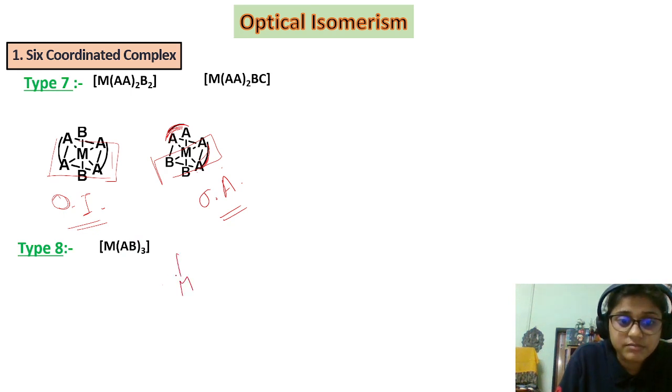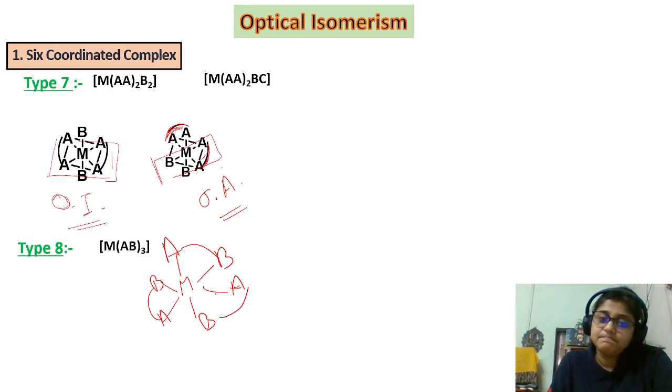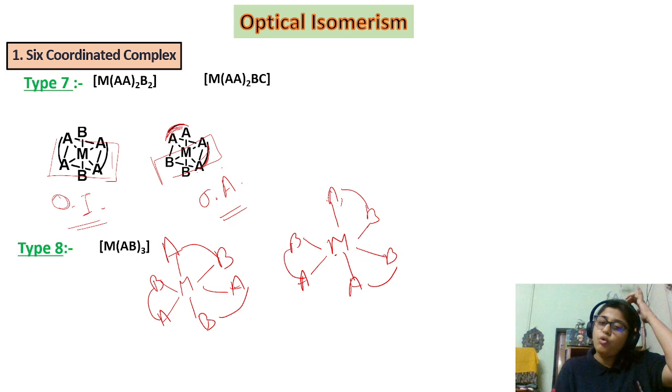It will be optically active, obviously, because bidentate ligands are there. So A B, A B, A B. No plane will be possible. And if we draw another form, A B, this will be B A, and another one will be A B. No plane is possible, because it is 3D, right?